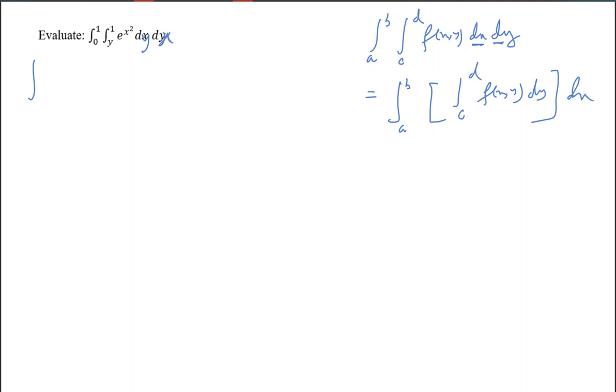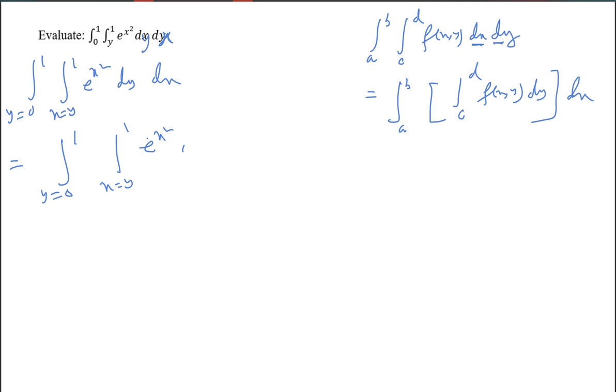That is, first the integration from y equal to 0 to 1, then the integration from x equal to y to 1 of e to the power x square dy dx. Or I can simply write it: y from 0 to 1, x from y to 1, e to the power x square, dx first, missed out something, yes, dx first.